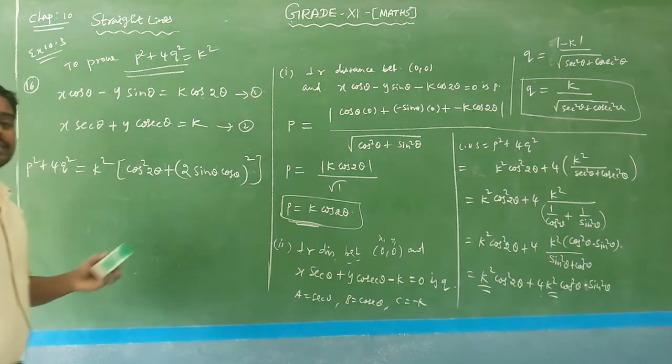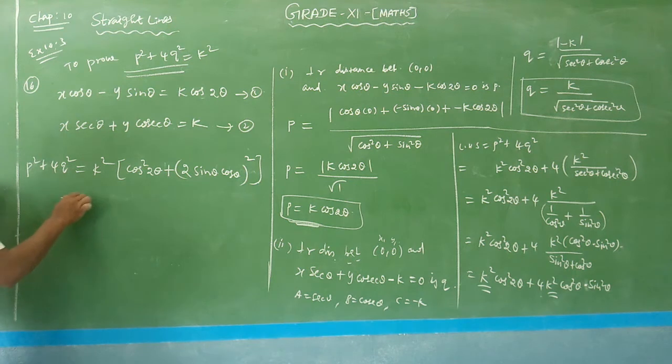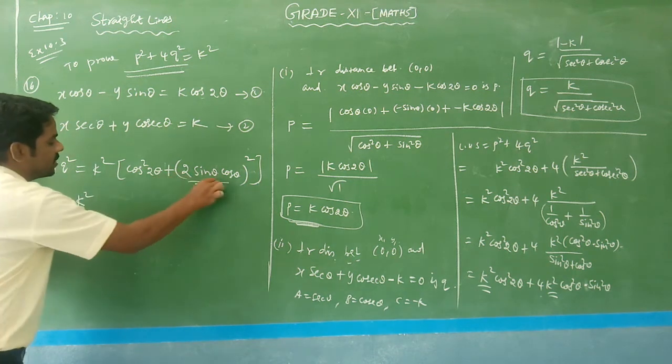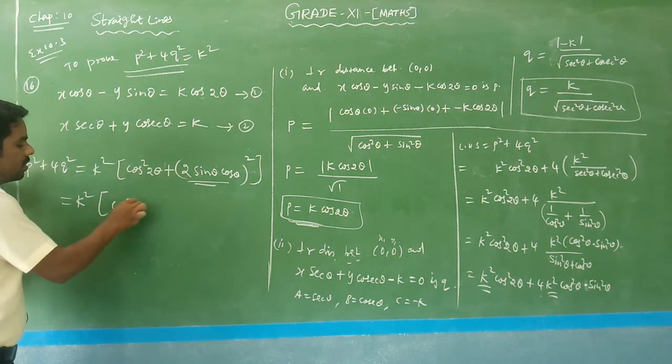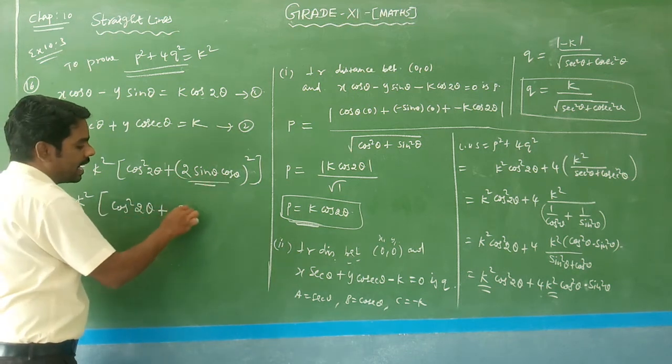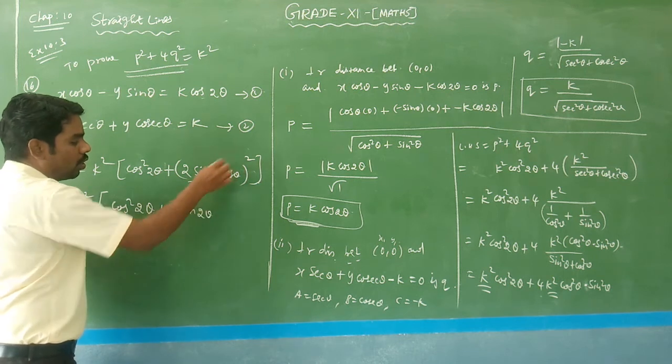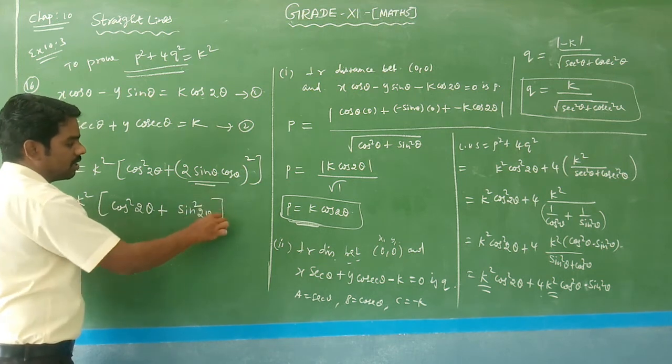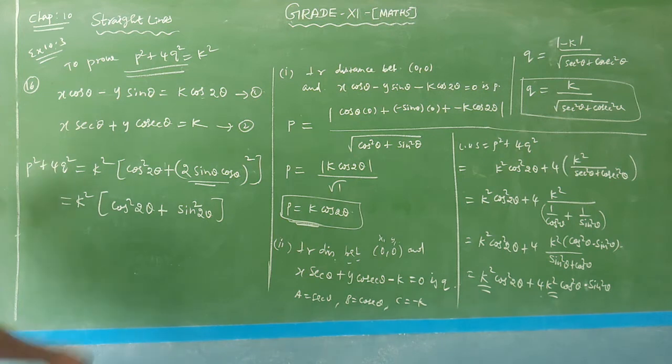You know sin 2 theta is 2 sin theta cos theta. So cos squared 2 theta plus sin squared 2 theta.